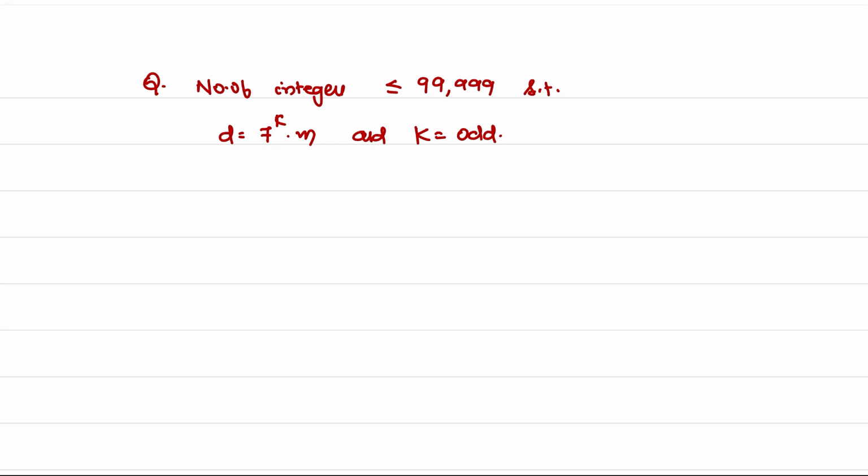Similarly here, we are asked to find the number of integers less than or equal to 99,999 such that the integer d is equal to 7 to the power of k into m, where m is not divisible by 7, and the power k is odd. These are the conditions given.